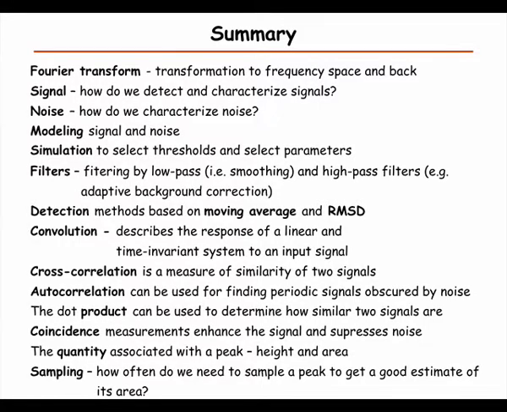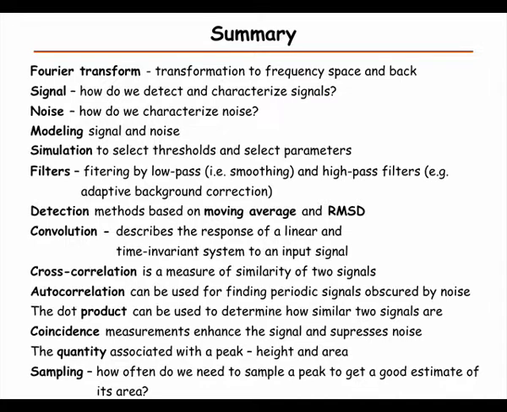So this is the end of today's lecture, and just quickly summarizing what I've talked about. Using Fourier Transform, we can transform between time and frequency space and then back again. We talked about how to detect and characterize signals.